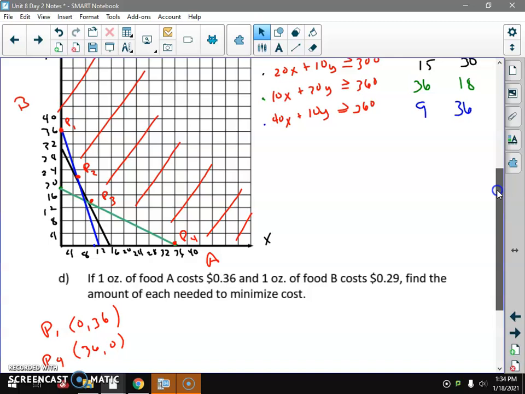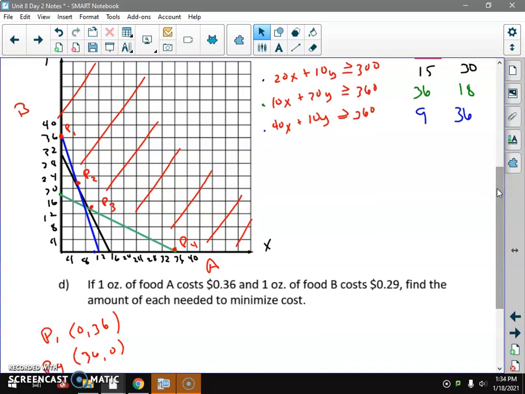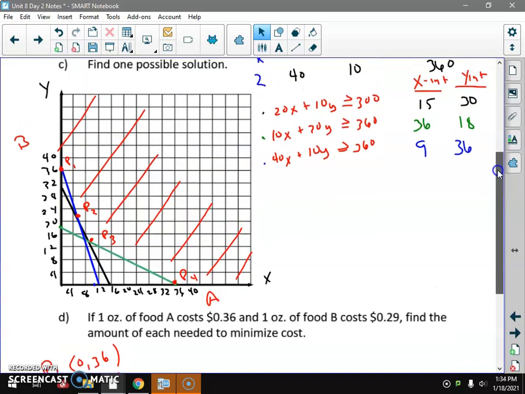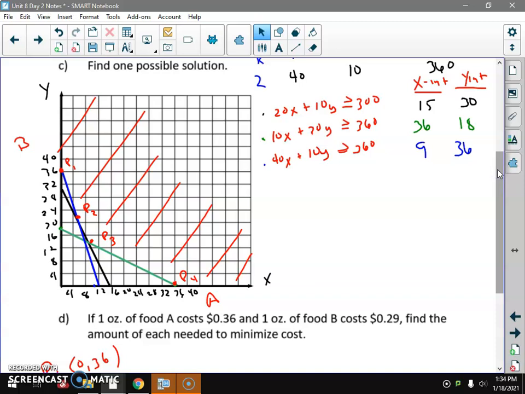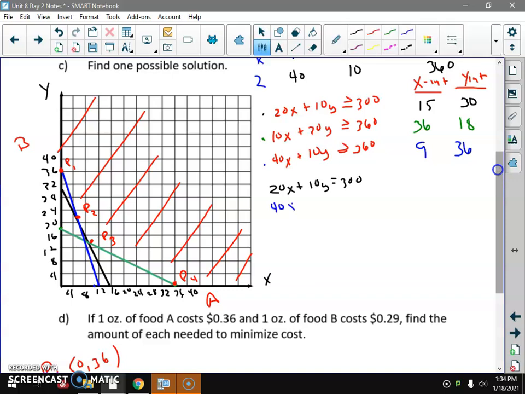Well, P2 is the intersection of black and blue. So I'm going to take the black equation, 20x plus 10y equals 300, and the blue equation, 40x plus 10y equals 360, and solve that system.